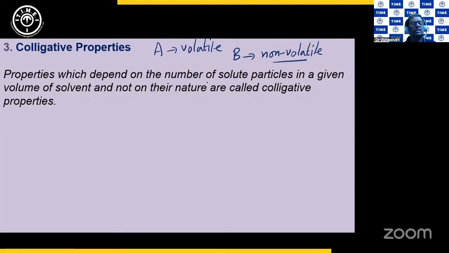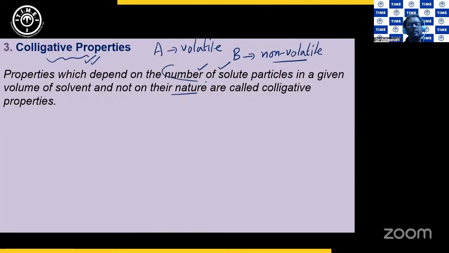So colligative properties are what? Those which depend only on the number of solute particles, not on the nature. Suppose you have 3 chloroform molecules or 3 sucrose molecules, or 3 million sucrose molecules or 3 million glucose molecules, they'll have the same colligative property, because colligative property depends on what?